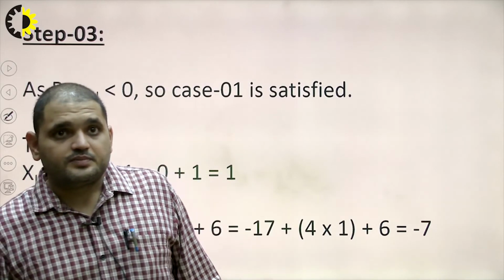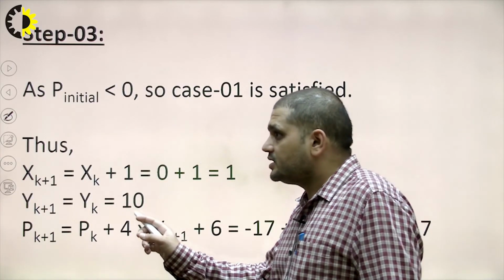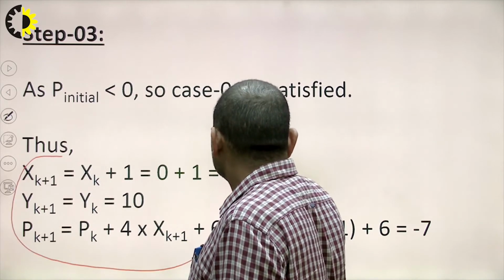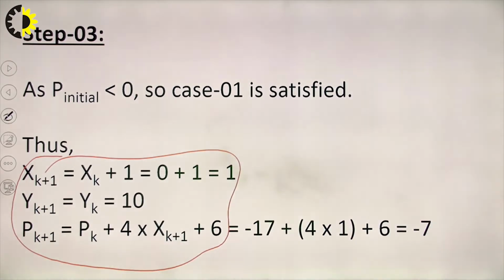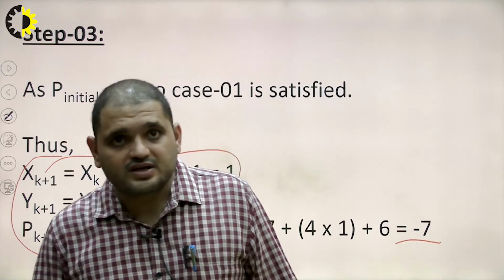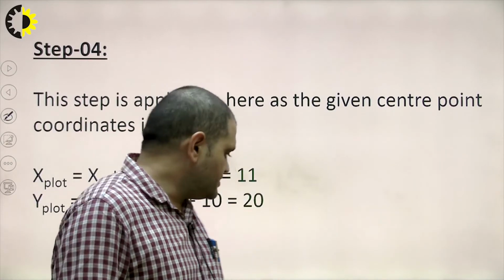As p initial is less than 0, this has to be done. From here, the next decision parameter value comes out to be minus 7, which is again less than 0.